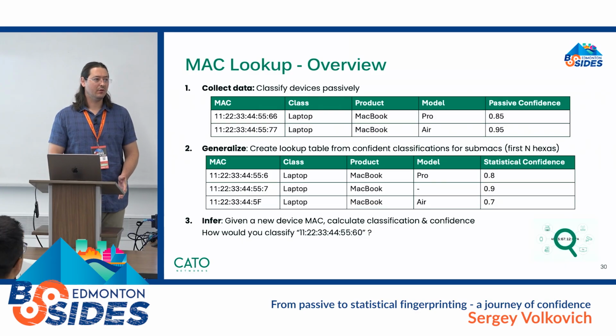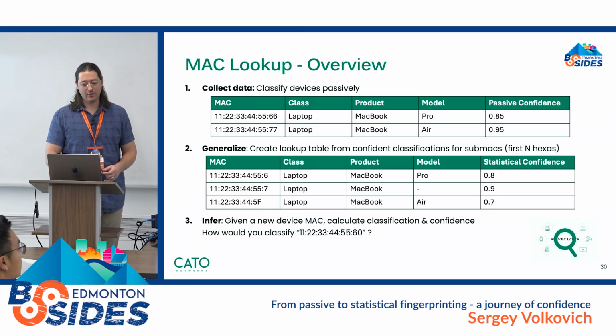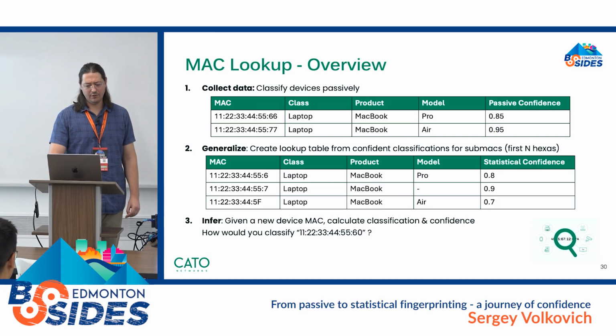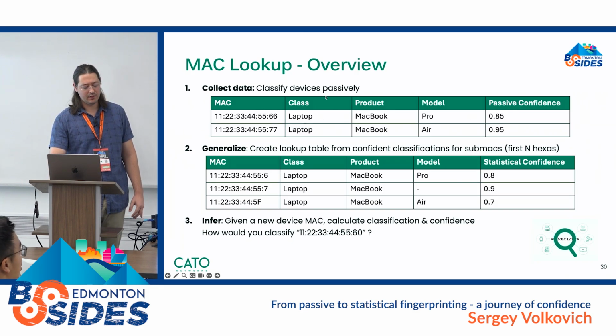For our case, let's assume we have, as we do have in Cato, some engine or collection of systems which gives us classifications and their confidence. We will use this format for data.